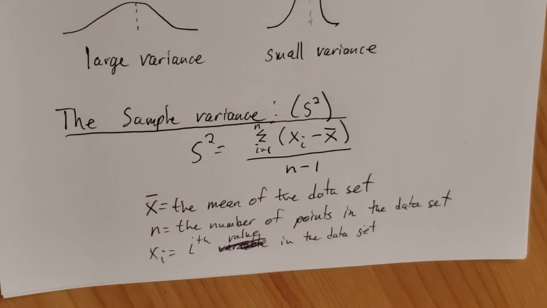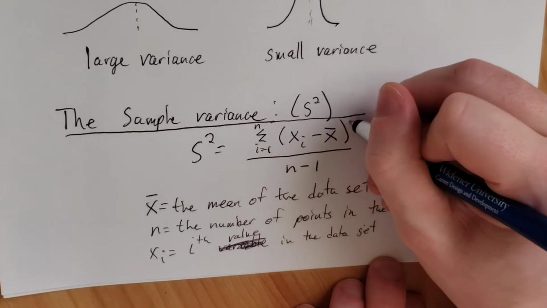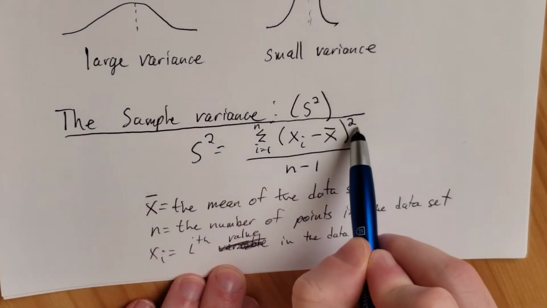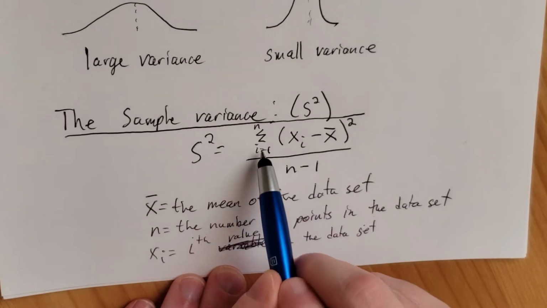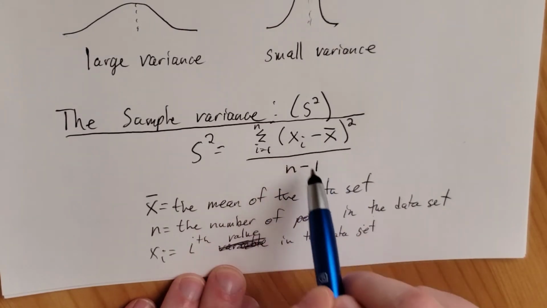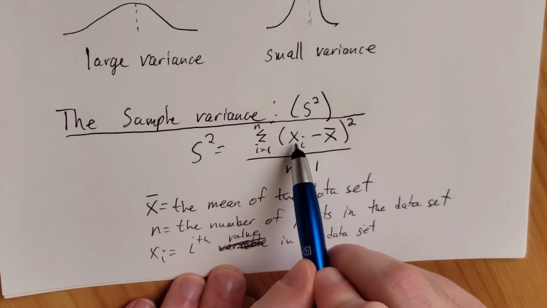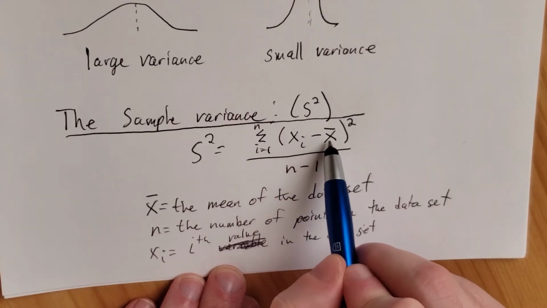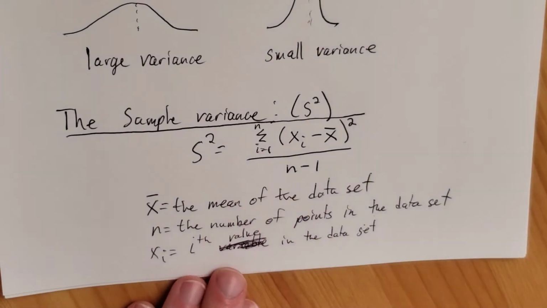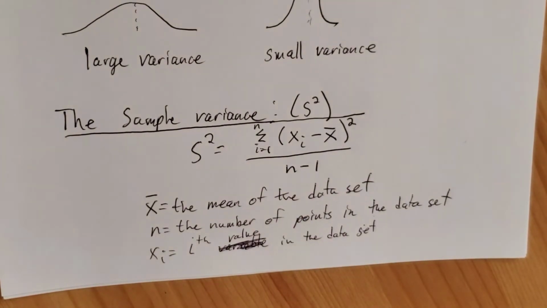All right. And so this is our definition of the variance. It is s squared, which I left off a square, so make sure you go back and add that in. It is the summation from i equals 1 to n of the square of the differences between each individual point and the mean, and then all of that divided by n minus 1.